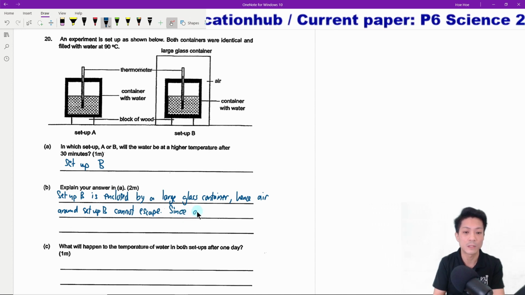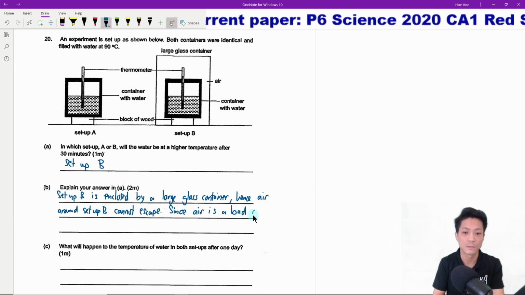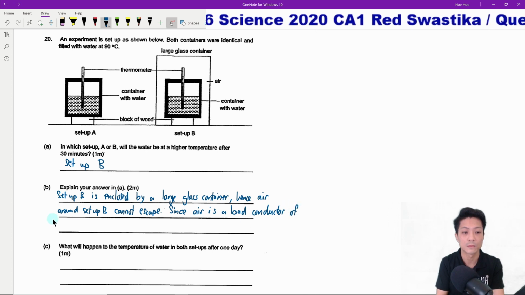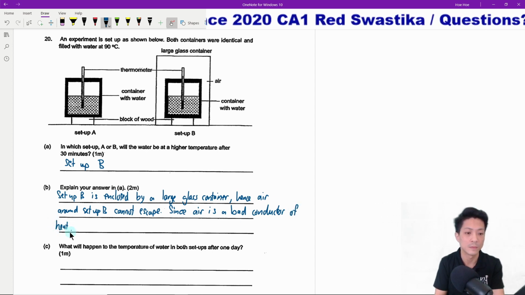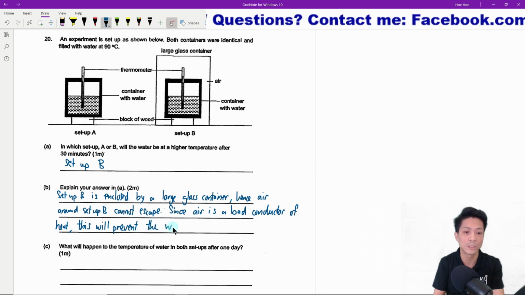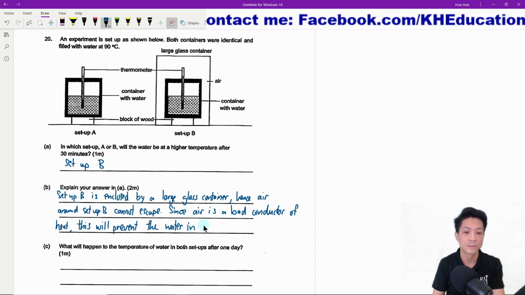Since air is a bad conductor of heat, this will prevent the water in B from losing heat.